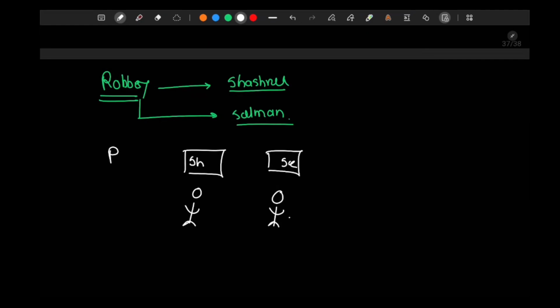But the catch is that the other person also has to cooperate. If both of you cooperate and accept that you have done the robbery, then both of you get 1 year in jail, right? Cooperation leads to 1 year in jail for both. Both of them get happy, thinking let's cooperate because it is the best case scenario.